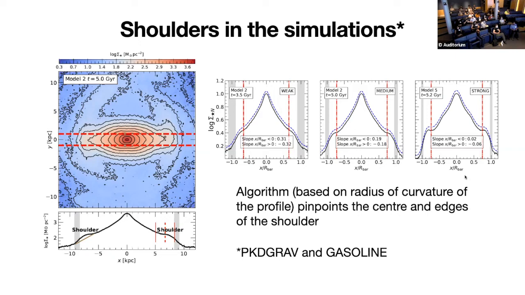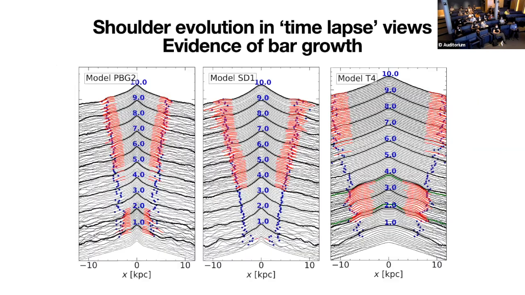And so what we did was we ran the simulations for 10 gigayears. I think there were 17 simulations that we had, most of them N-body with one SPH. And these are sort of time-lapse views. The red markers are where the algorithm detects a flat profile in the bar. Each line here represents the bar profile from 1 gigayear all the way up to 10 at the top.